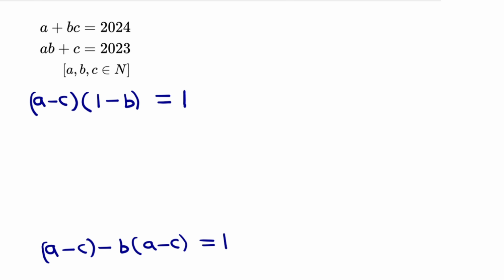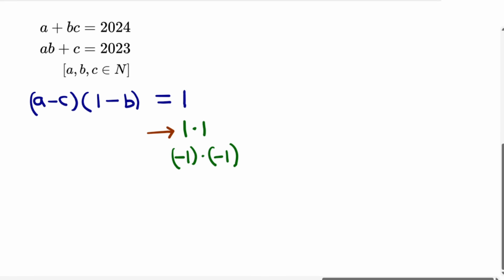Now this is the key moment. We have two integers multiplying together to give positive 1, and there are only two ways that can happen: either 1 times 1 or negative 1 times negative 1.